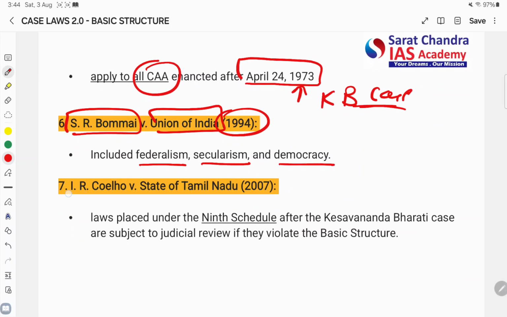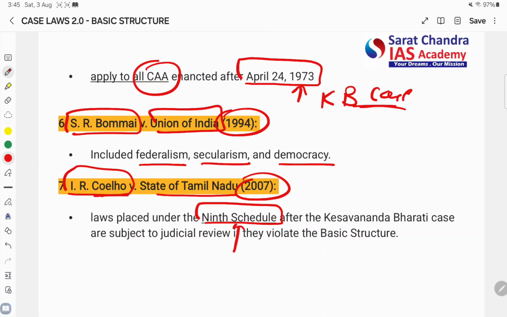The last case is Coelho versus State of Tamil Nadu of 2007. In this case, the Supreme Court said that regarding the laws kept under the 9th Schedule, as we know, the 9th Schedule was brought in to immunize certain laws and acts from judicial review, from the scrutiny of the judiciary.